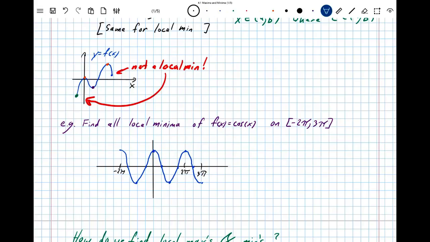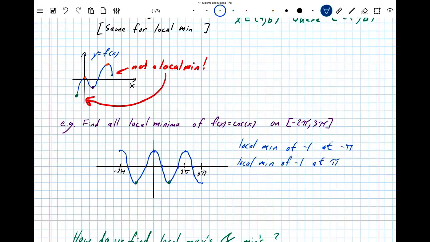Great. We want to label all of my local minima. So that is just going to be this one, and not the one on the end, right? Endpoints don't count. So I have a local min of -1 at negative pi, and I have a local min of -1 at pi.